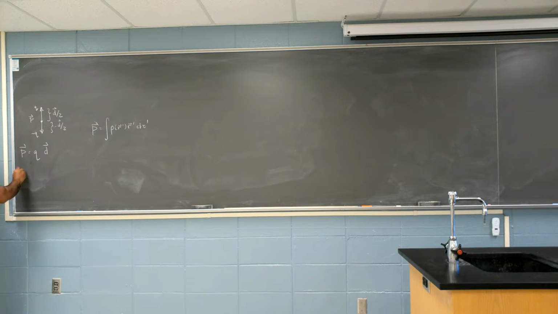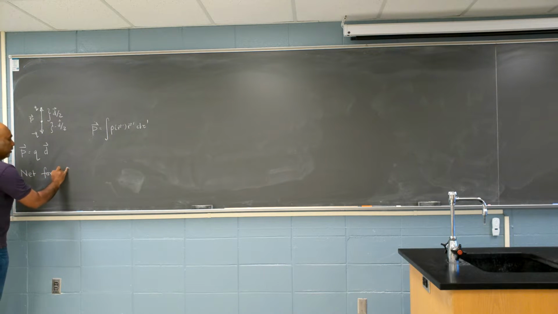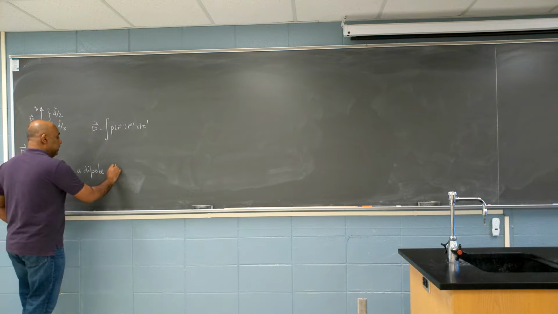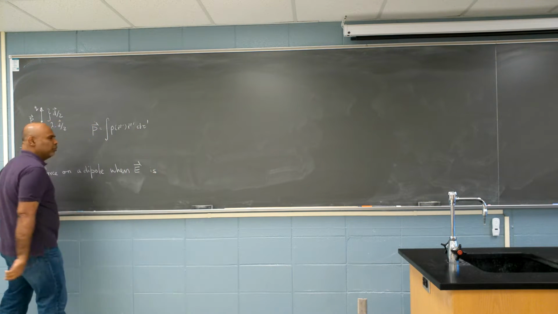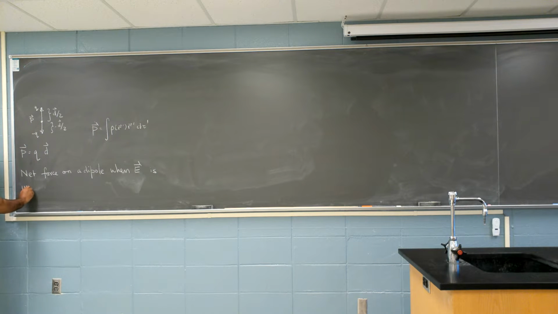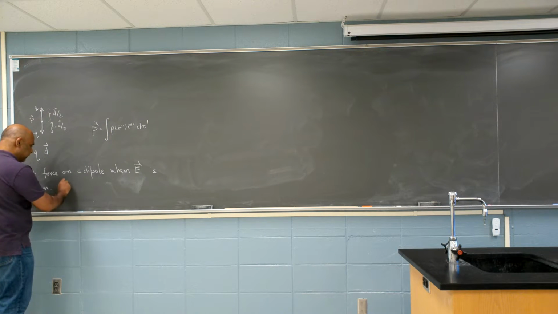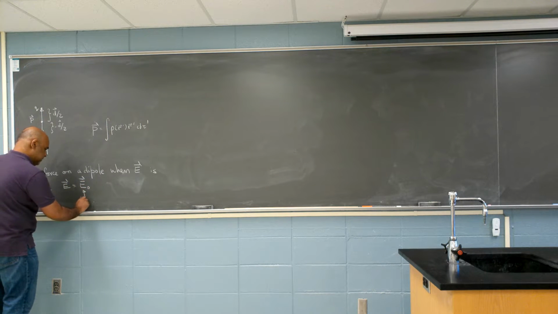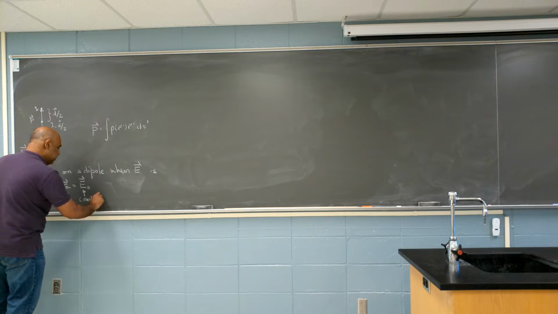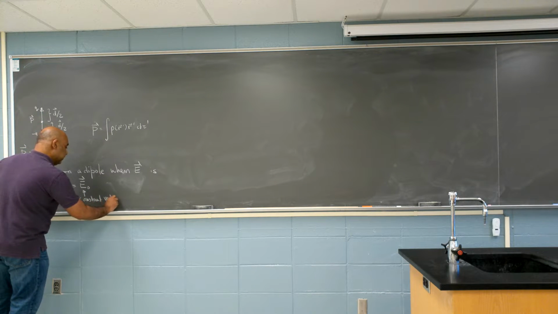So let's calculate the net force on a dipole, the simplest case, when E is uniform. What do I mean by uniform? Some constant vector, right? That means E is equal to some constant vector.